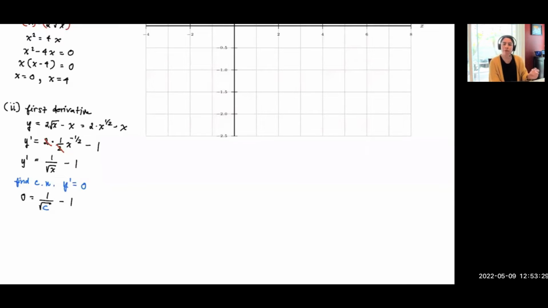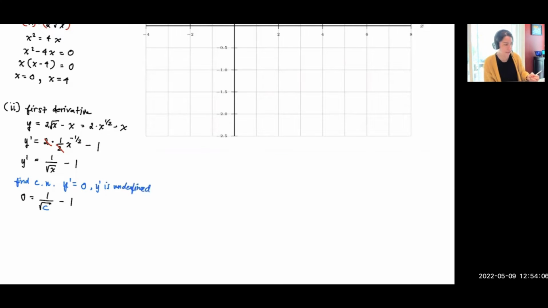Remember, not every c value is a local extreme value or a point of inflection, right? Every critical number that we get is not something we include into the behavior of the function. So we just have to make sure that we know the difference between critical numbers and local extrema. In this case, again, remember that critical numbers are where y prime equals 0, but also where y prime is undefined.